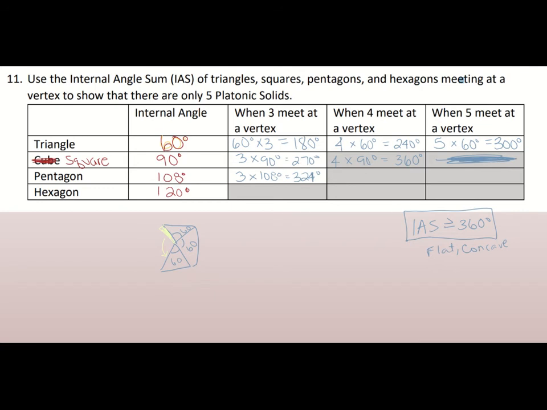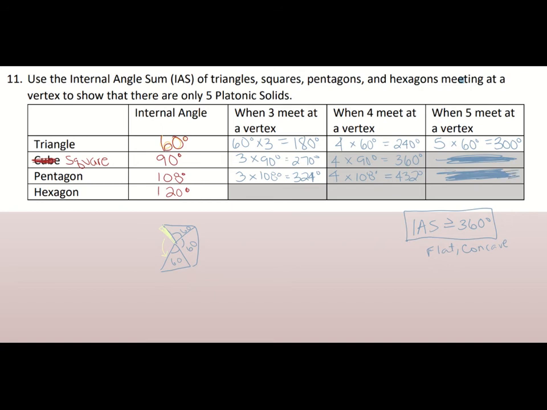But when I bring in 4 pentagons together and try to lay those out to create a 3-dimensional figure, I'm doing 4 times 108, which is 432 degrees. That has already exceeded the maximum allowable internal angle sum of 360, so I'm not going to continue calculating.